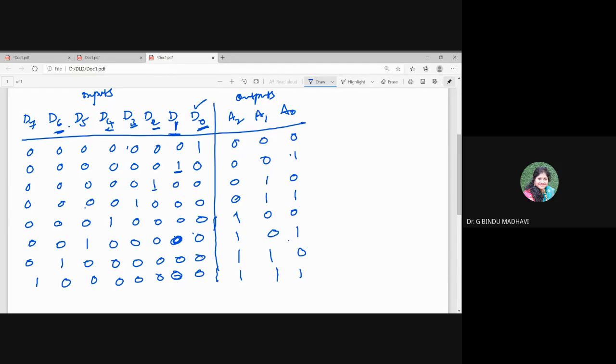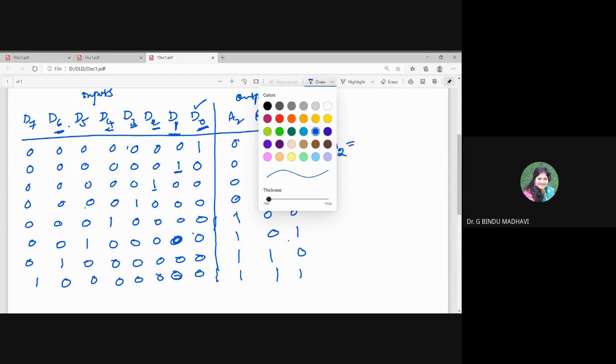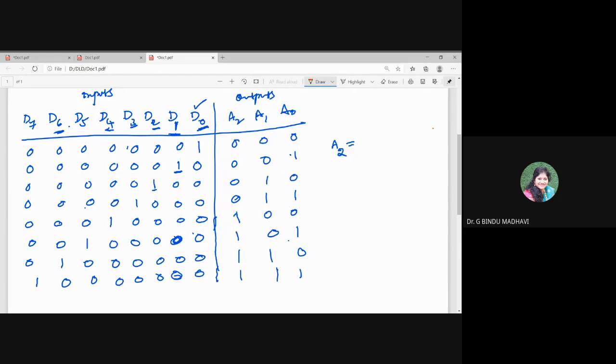First, how many outputs are there? 3. What is the first output? A2. Now, when will A2 be true? You need to identify from the table.